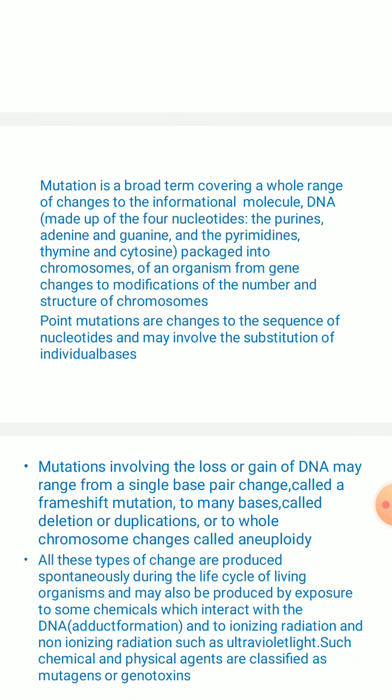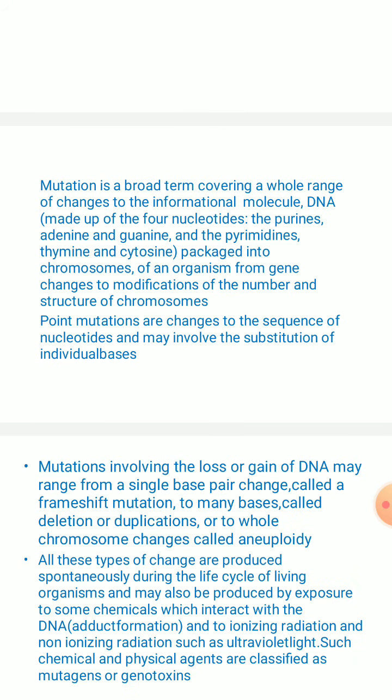Further, from a single base pair change to many bases, that may be referred to as deletions or even duplications, or to whole chromosomal changes, which are referred to as aneuploidy, right?